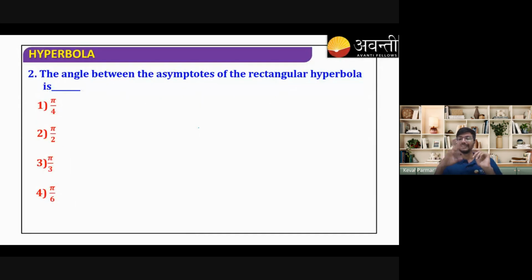So the equations of the asymptotes will be x equals 0, y equals 0. That means what is the angle? It is 90 degrees. Got it?